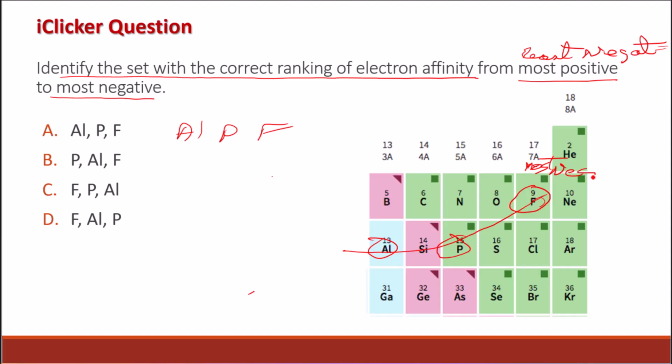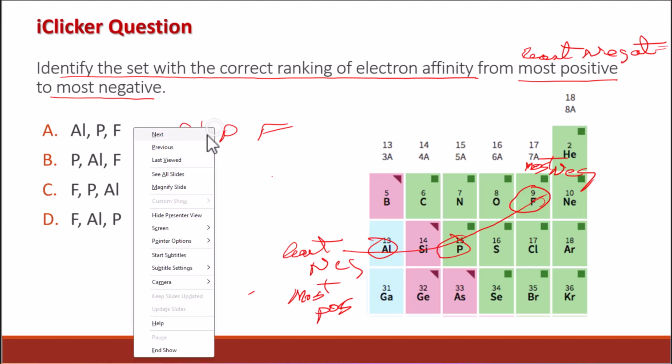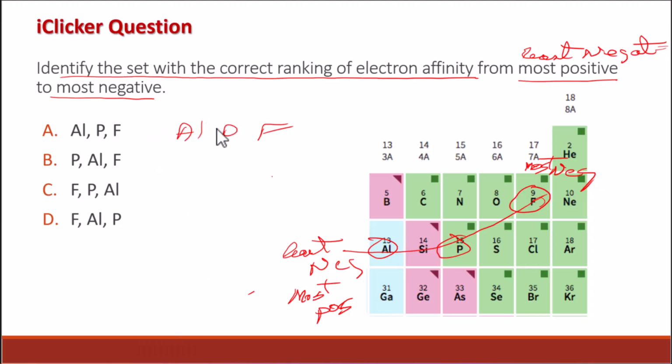That's excluding the noble gases, because remember, they're all electropositive. And so this would be the least negative, that's aluminum, which is the most positive in this group. Most positive is the least negative.